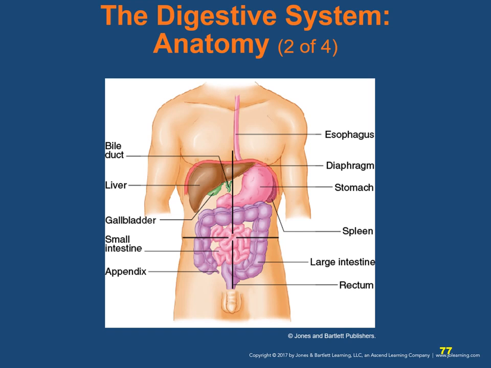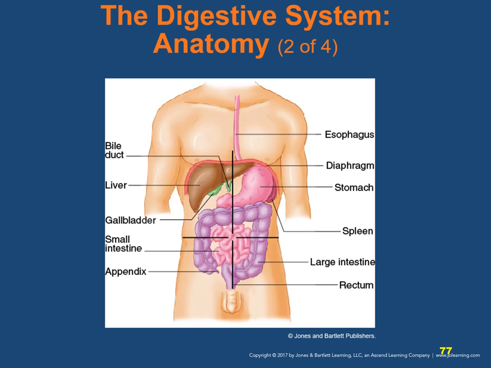Right upper quadrant contains the liver, gallbladder, and a portion of the colon. The left upper quadrant contains the stomach, spleen, and a portion of the colon. The right lower quadrant contains two portions of the large intestine, the cecum and ascending colon, and the appendix is attached to the lower cecum. And then you have the left lower quadrant, which contains the descending and sigmoid portion of the colon. The quadrants refer to the patient's right and left.